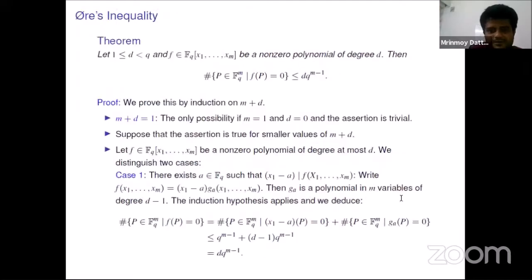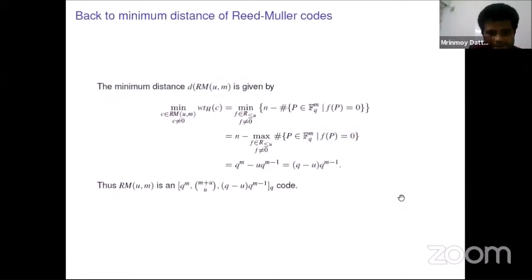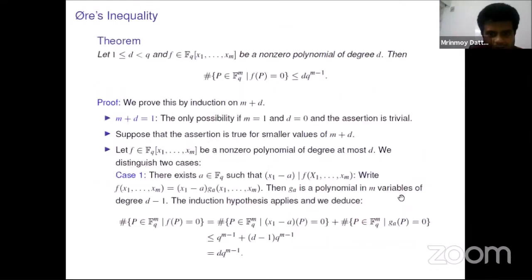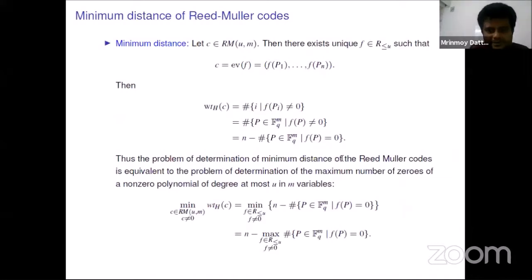So the moral of the story is the following: in order to compute the minimum weight of a code word, I have to compute the maximum number of possible zeros that a multivariable polynomial may have in Fq to the power n.